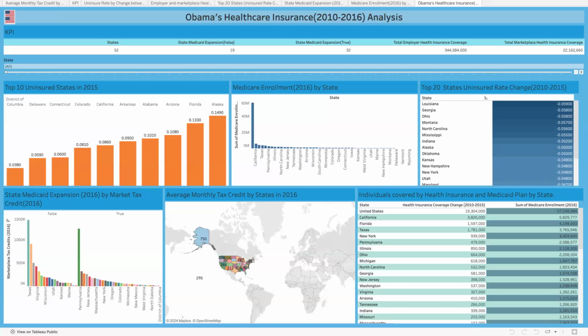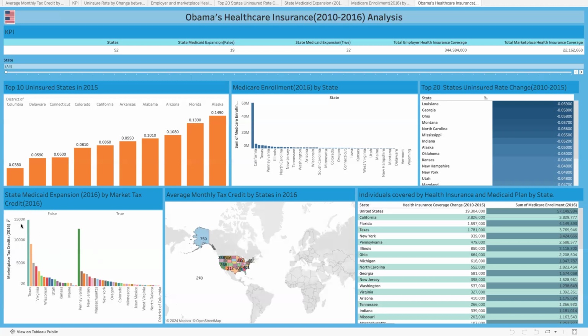Those with incomes below 138% of the federal poverty level could enroll in Medicaid in states that expanded coverage, while those earning more, who were not targeted for Medicaid and did not have insurance, maybe because they were self-employed, could receive tax credits to buy their marketplace plan. So this was a win-win for both sides.